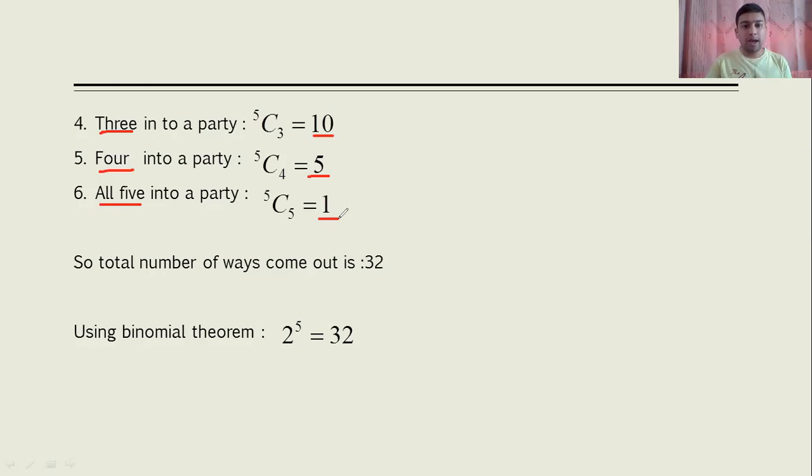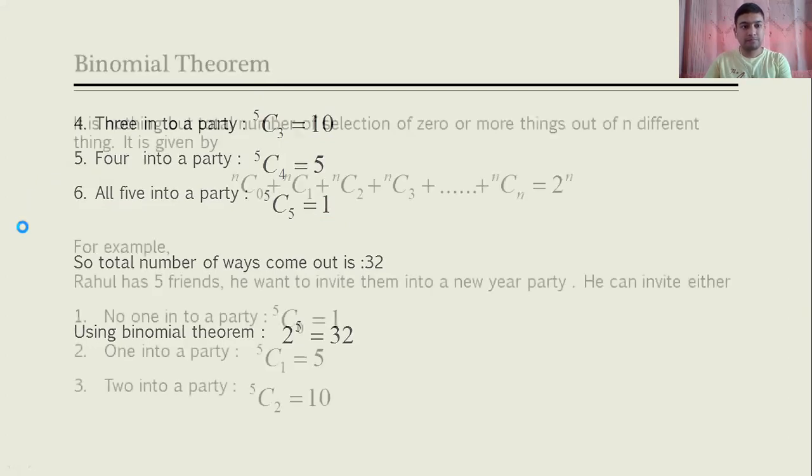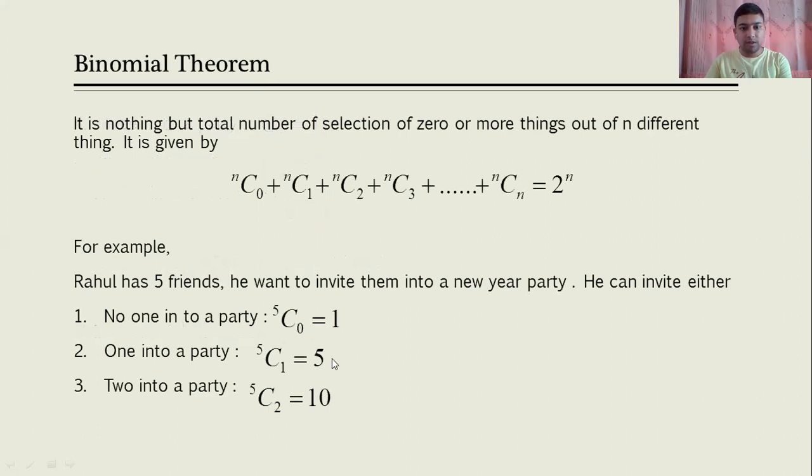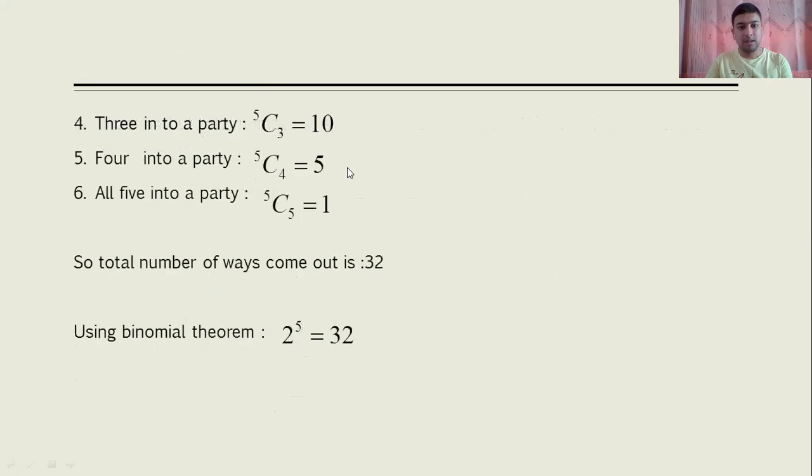So if you add all these things, you will end up with what? 32. See how 32, what you have to add? 1 plus 5, 6, 6 plus 10, 16. 16 plus 10, 26, 26 plus 5, 31, 31 plus 1 is equal to 32.